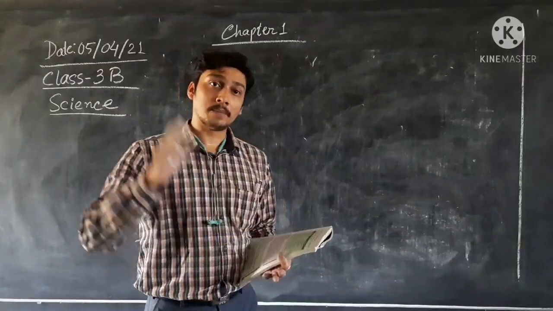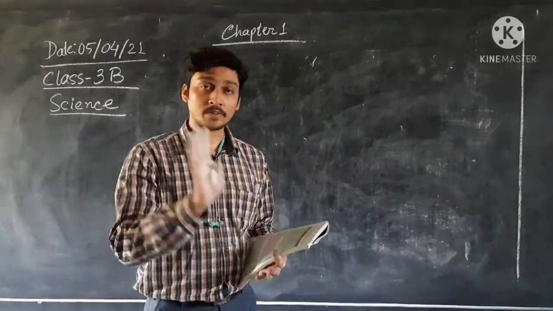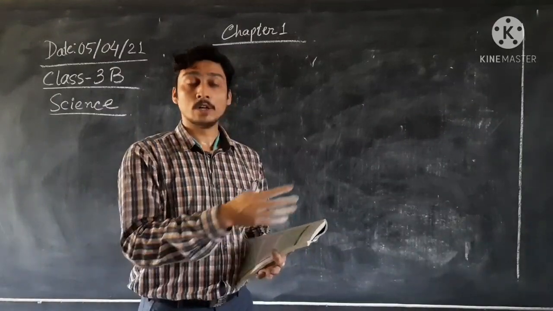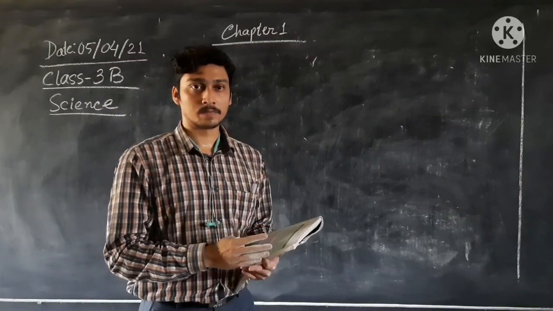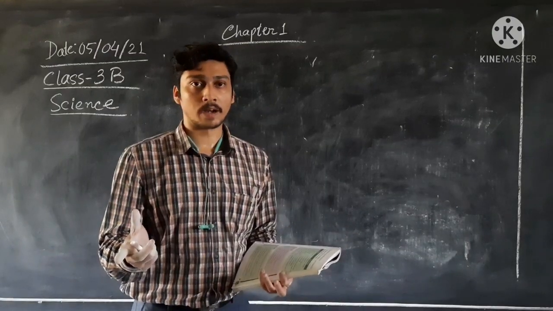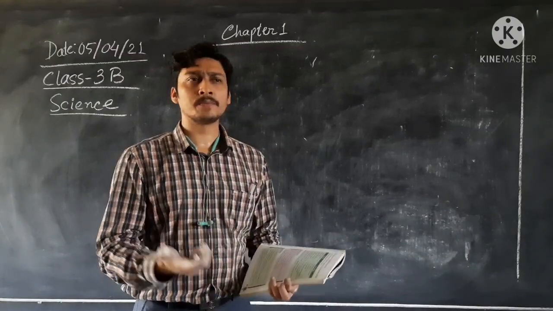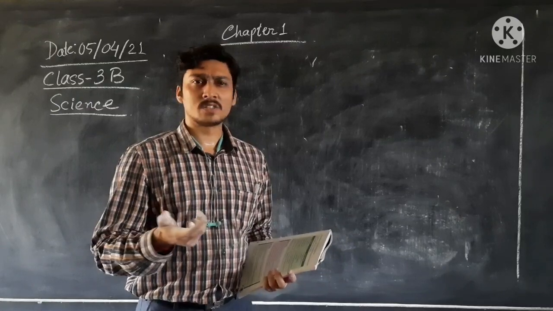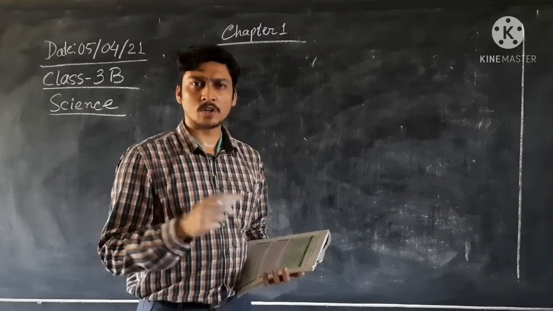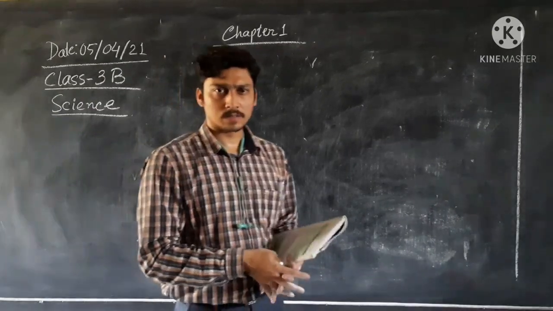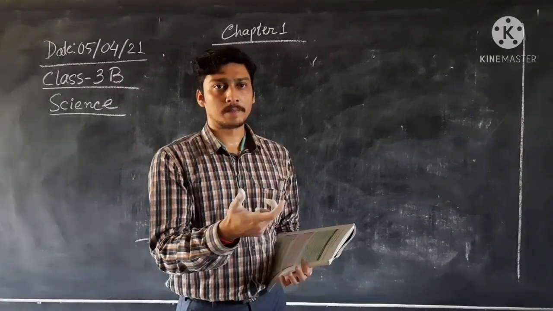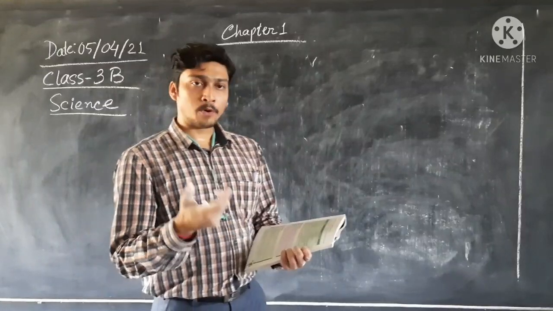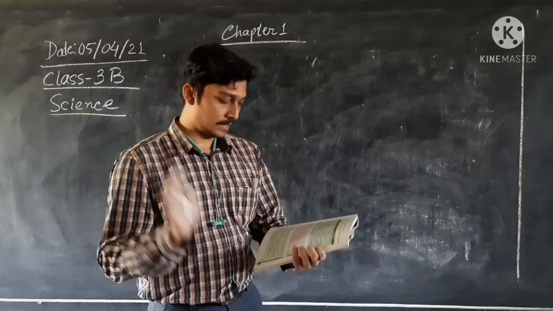They can live up to 200 years. So that is the lifespan. A man can live on average 60 or 70 years. So that is the lifespan, a period of time for which a living thing can live.